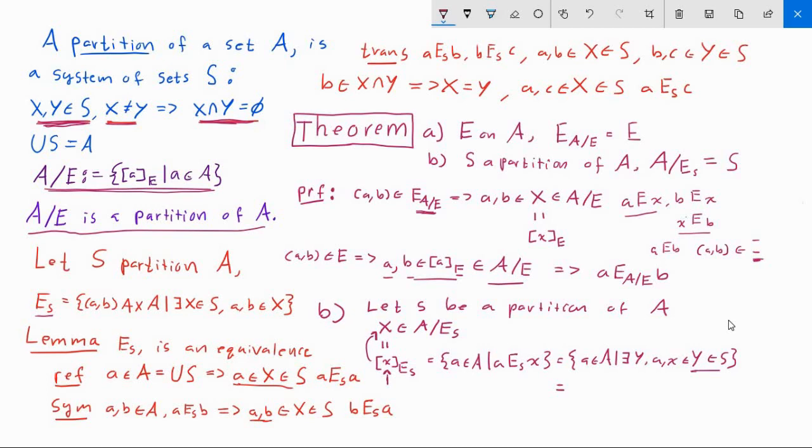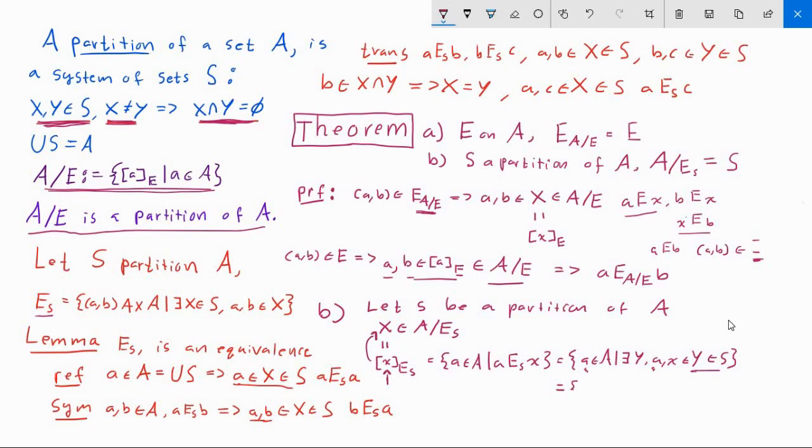That is, if the intersection of two sets is non-empty, then the sets must be equal. Therefore, all these a that share the set Y with s must all be sharing the same set Y. That is, there is some unique Y such that a and s both belong to Y.